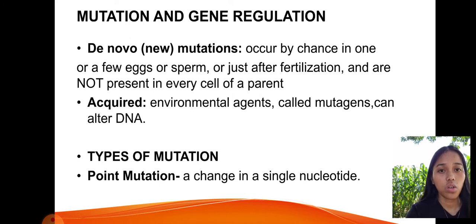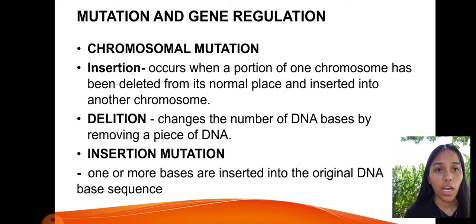Types of mutation. First, point mutation, a change in a single nucleotide. Second, chromosomal mutation. Translocation occurs when a portion of one chromosome has been deleted from its normal place and inserted into another chromosome.